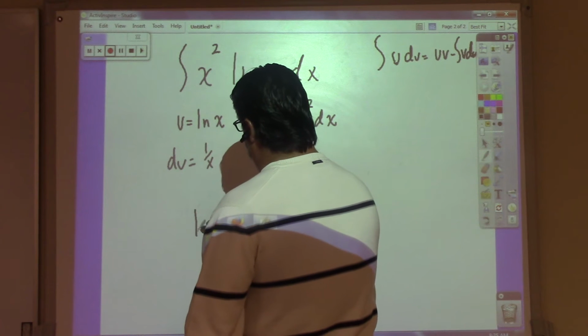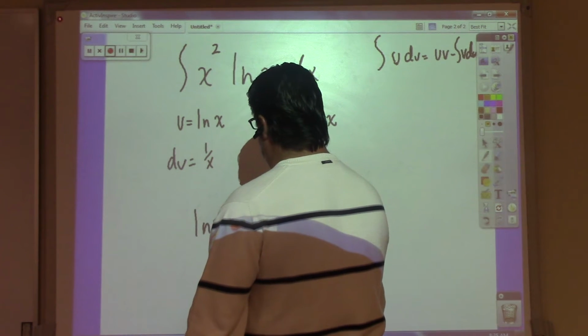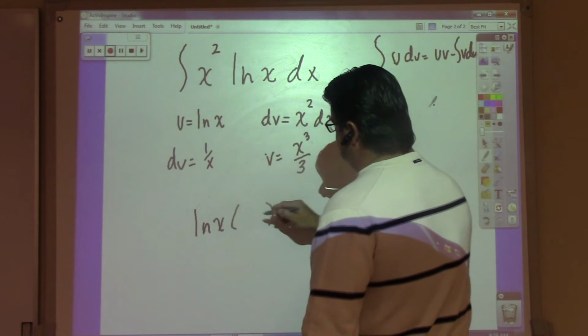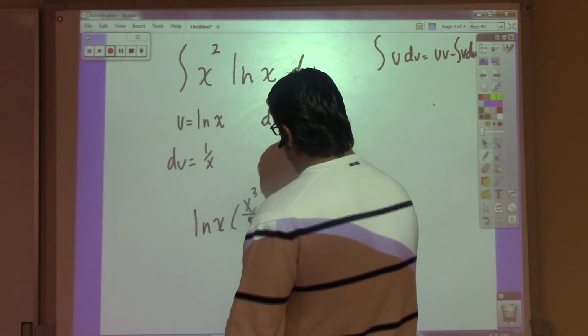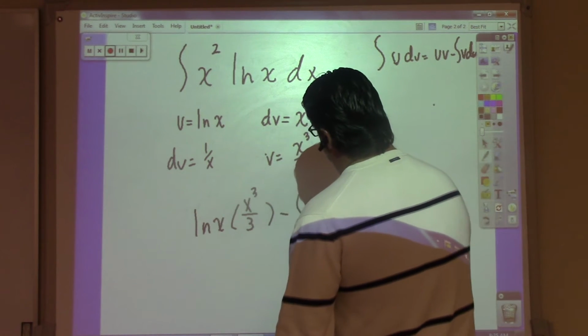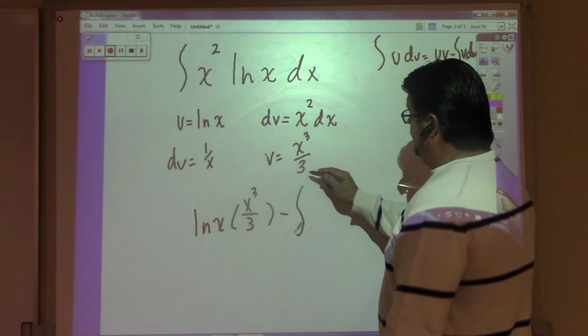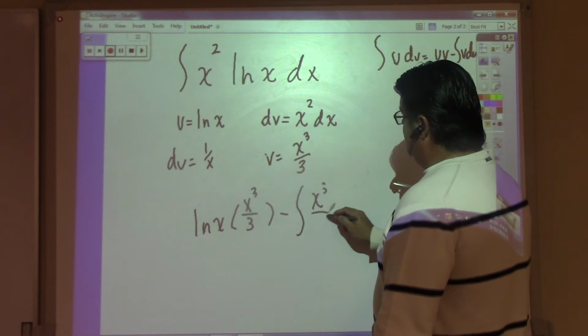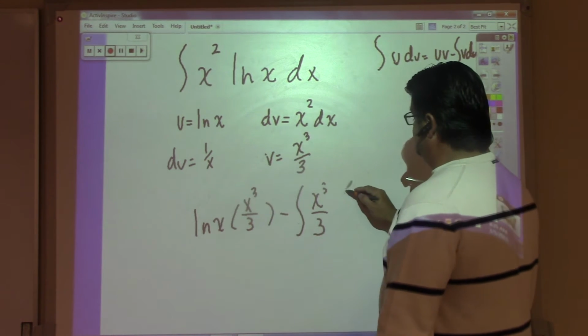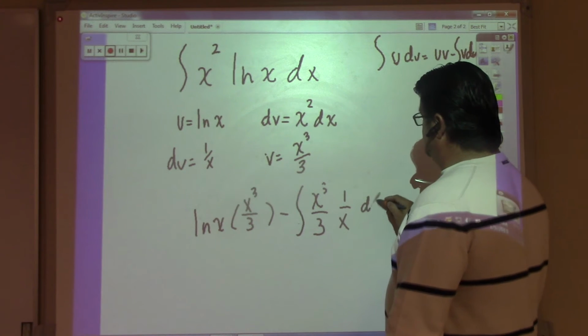Ultraviolet, natural log of x, times v, x to the third over 3, minus the antiderivative, voodoo, x to the third over 3, du is 1 over x dx.